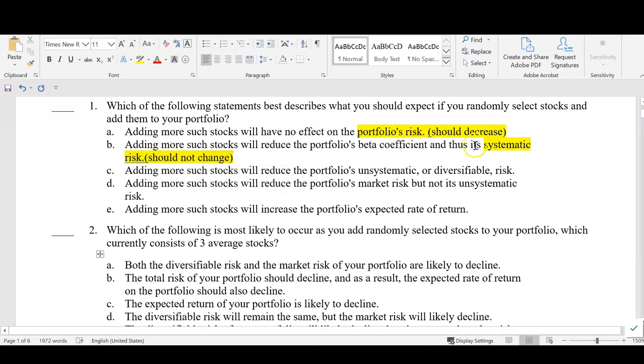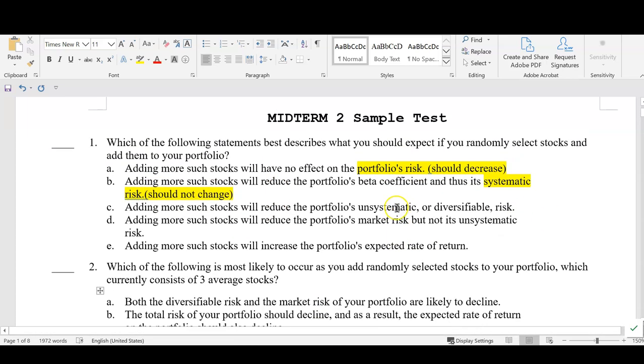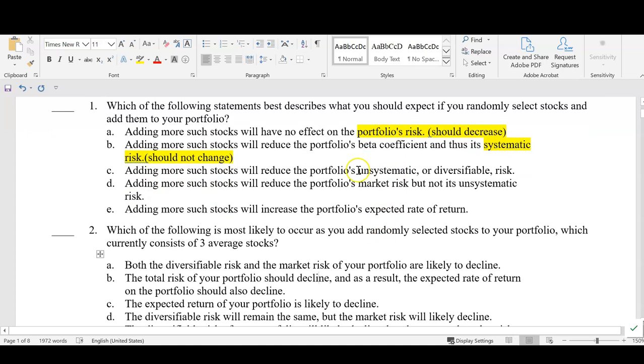All the things I marked in yellow are the notes I add here. And here it's correct. Reduce these unsystematic risk in option C should reduce. Option D and option C is correct.